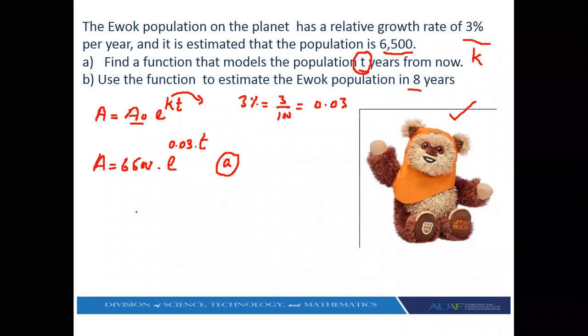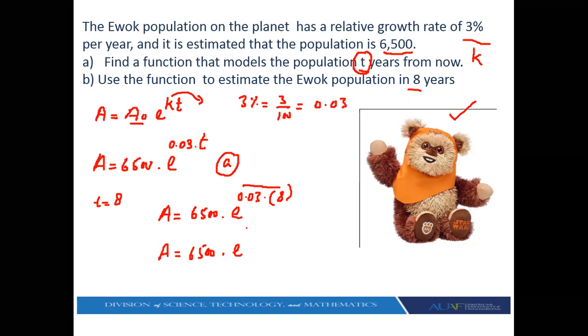Now in the second part, t is given, t is equal to 8, so you can write the population after 8 years: 6,500 e power 0.03 multiplied by the time, and time is 8. A is equal to 6,500 multiplied by e power, and if you multiply the powers, 0.03 multiplied by 8 is equal to 0.24.